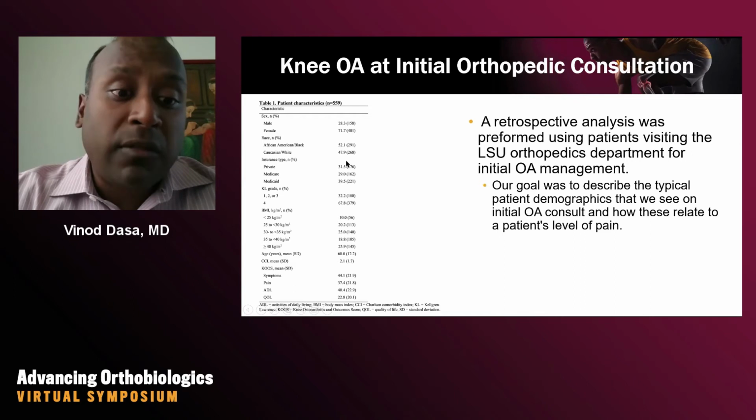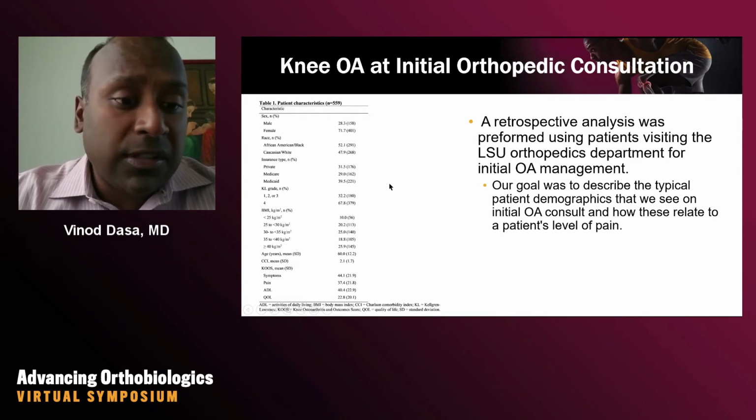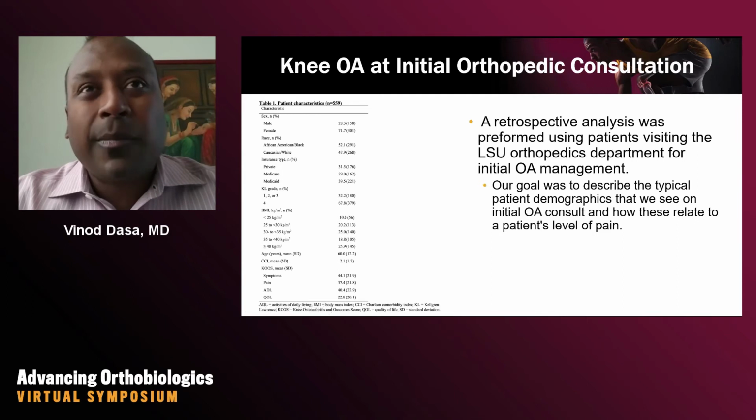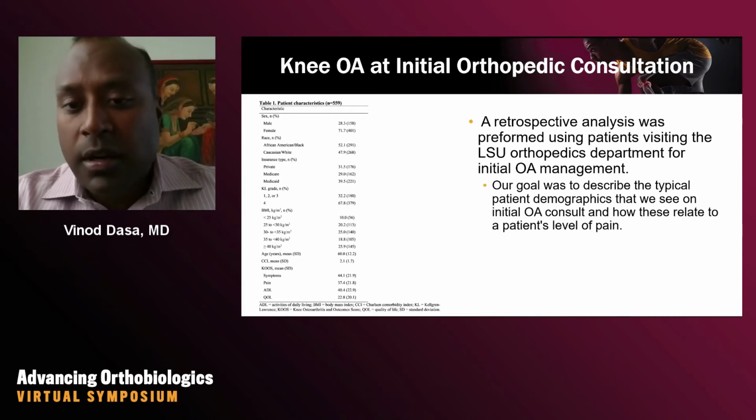We've got a nice spread in terms of insurance type. You can see the severe OA, bone-on-bone OA versus the non-bone-on-bone OA, BMI, Charlson Comorbidity Index, and then the KOOS scores, our pain and function scores, that are now pretty much the standard when it comes to CMS trying to figure out and measure quality.